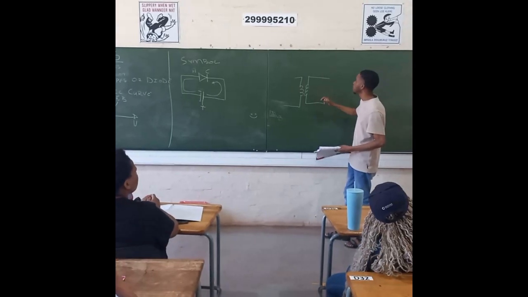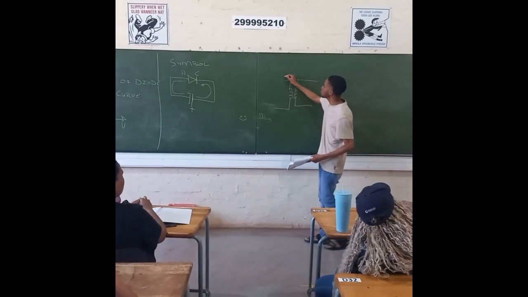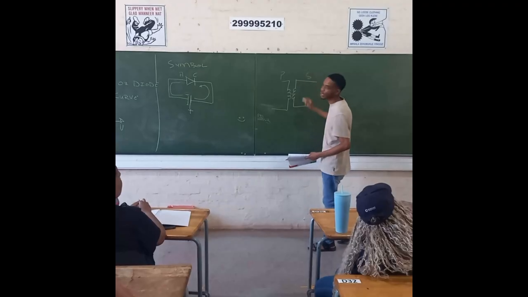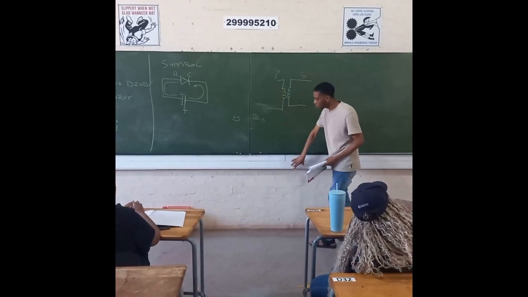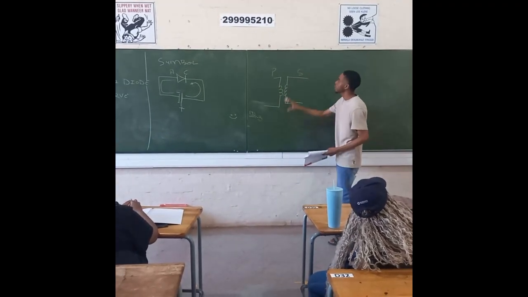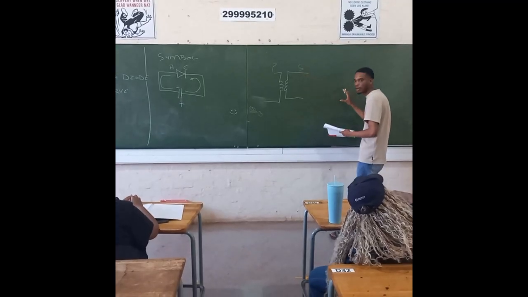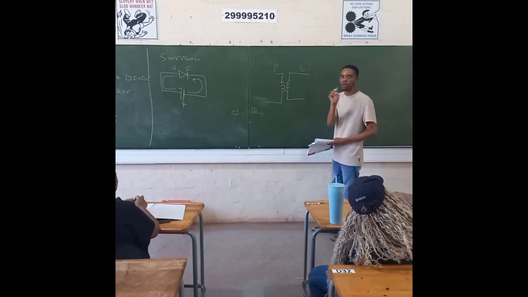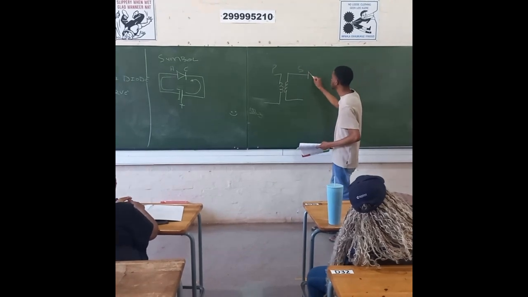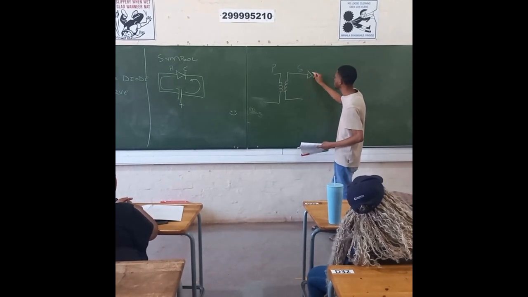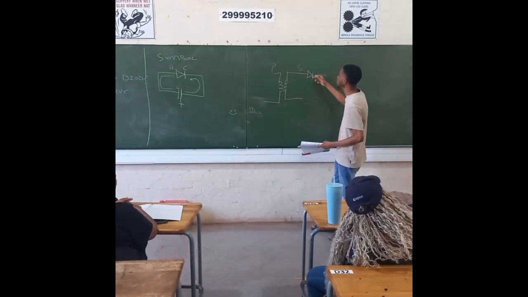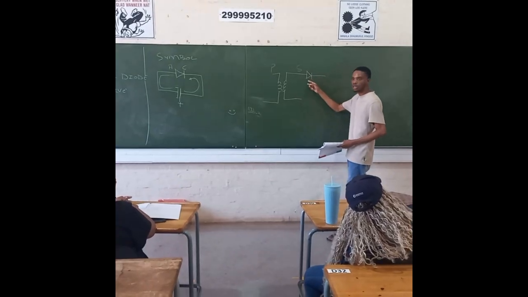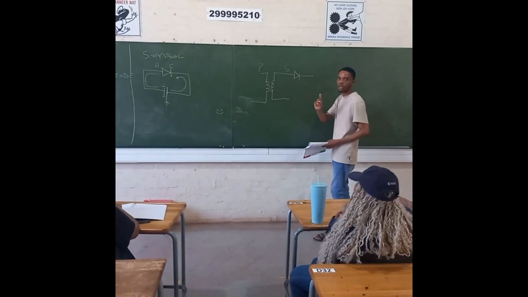Remember, this is your primary side, this is the secondary side. The primary side is the one that goes to the wall outlet, and the secondary side you can connect to whatever components you want. So in this case, let's start by connecting one diode on the secondary side. Remember, the main function of this is just a switch. It allows current to flow in one direction.